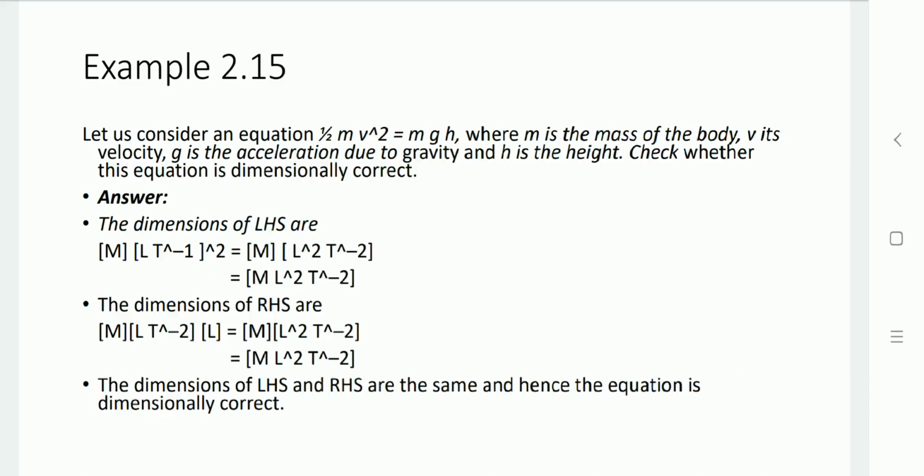For RHS, mgh, m having dimension M, g having dimension L t raised to minus 2, and h having dimension L. By equating it, we are having m L square t raised to minus 2. So as the LHS and RHS are the same, this equation is dimensionally correct.